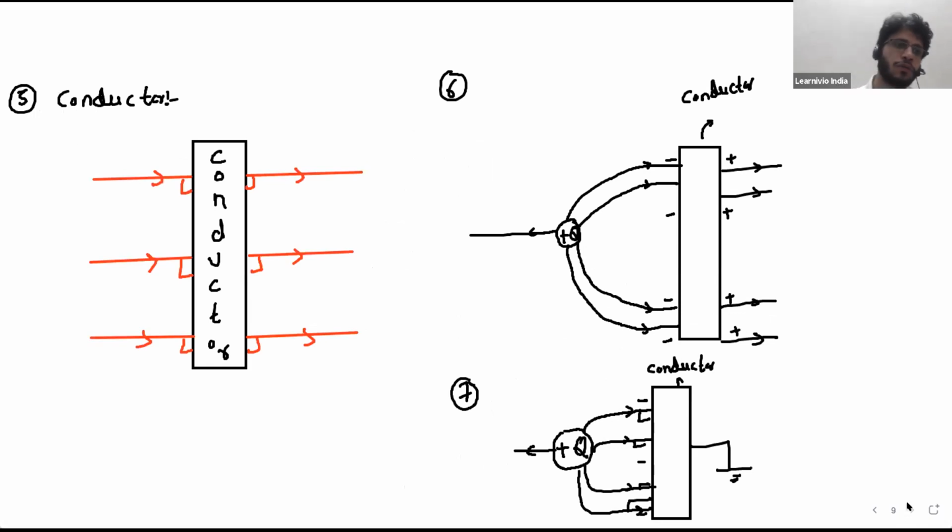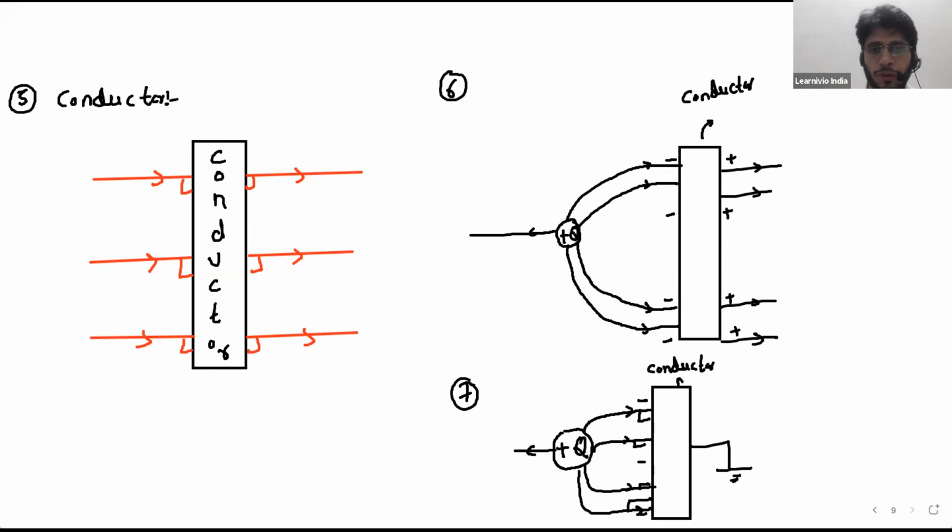So that was about field lines. Now after field lines, we will start something else. Has everyone written?